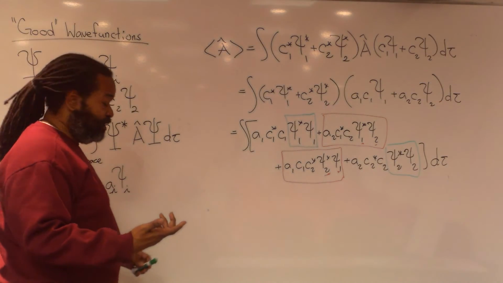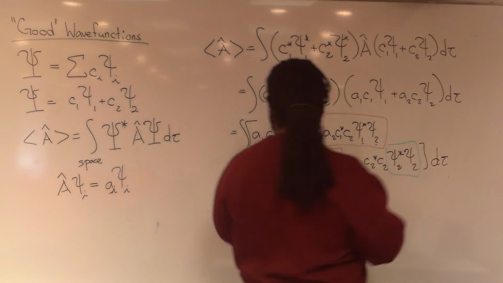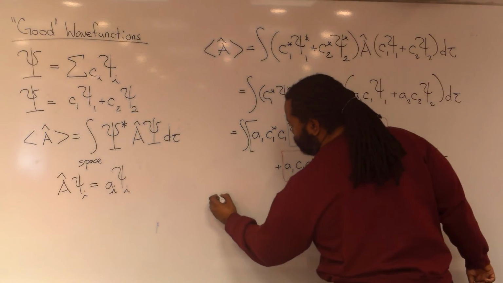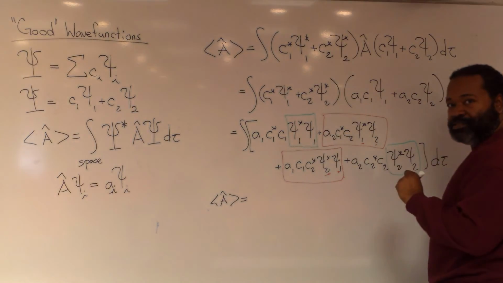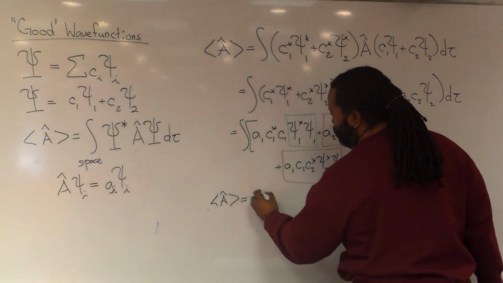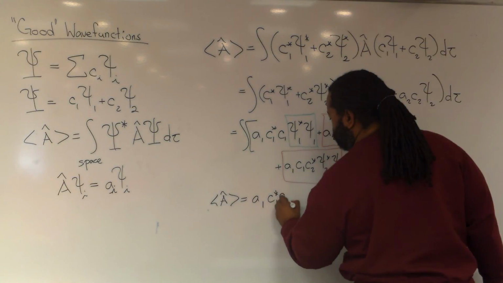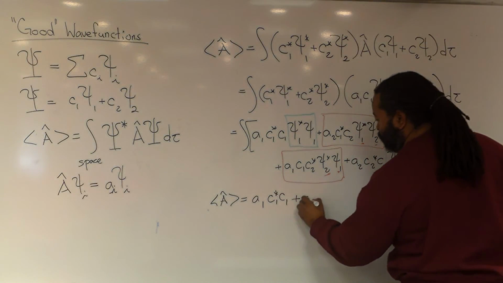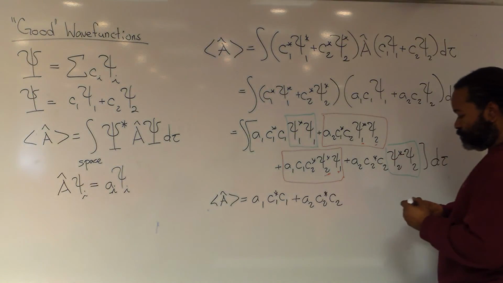So at that point, all that remains to be done is write up the surviving terms. So for the average value of the result from this operator, we only get the terms that have matching orthonormal functions. So we get A1, C1 star, C1 plus A2, C2 star, C2.